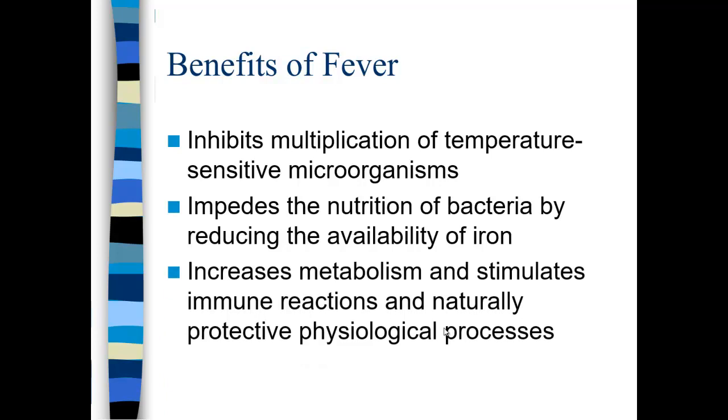And fever also speeds up metabolism, and as metabolism goes faster, that stimulates the immune reactions, as well as naturally protective physiological processes. When you increase metabolism, you have a higher rate of flushing the organism from your system.